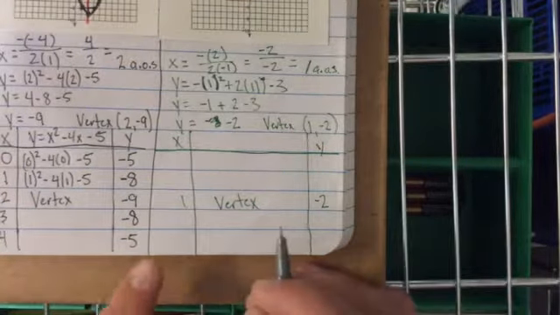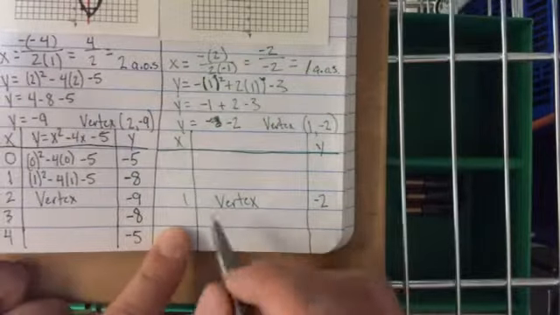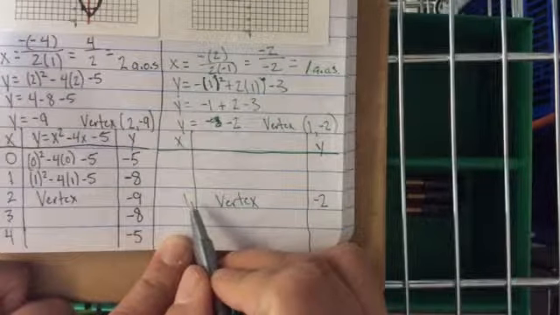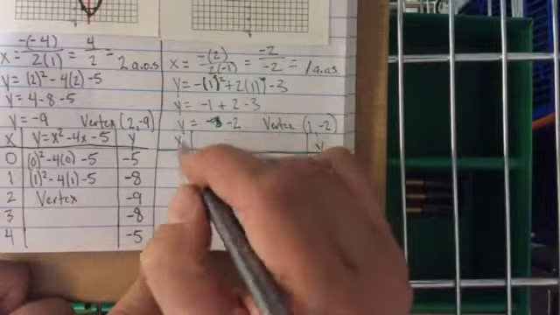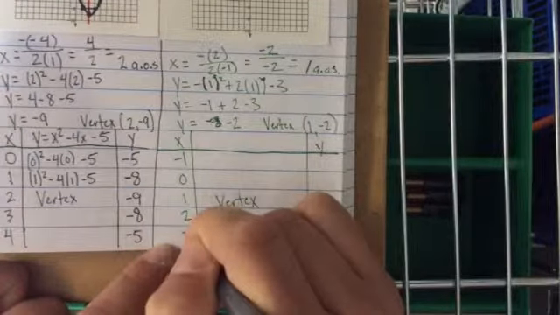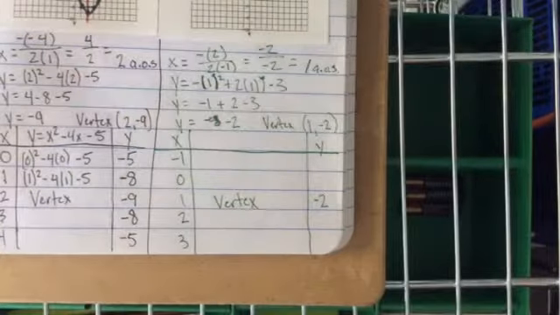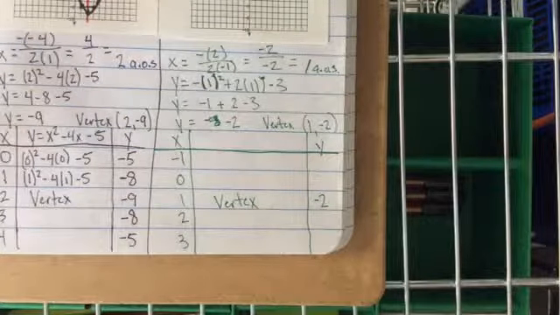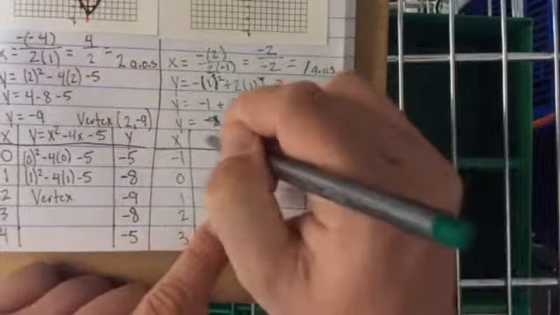So we're going to choose the two values to the left. So what's to the left of 1? 0, and then negative 1. And then we're going to go 2 and 3. Once again, let's start off with the 0 because that's easy. So we're going to substitute 0 into our original equation.